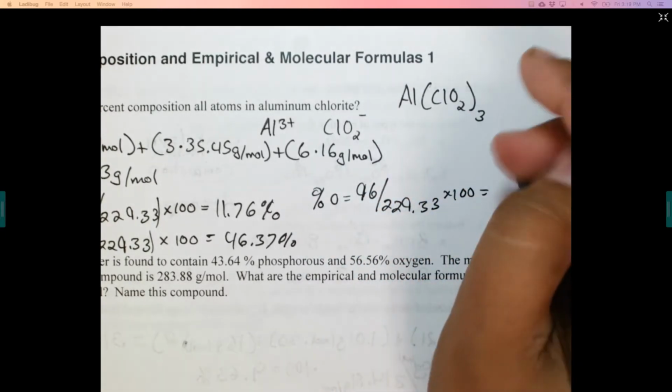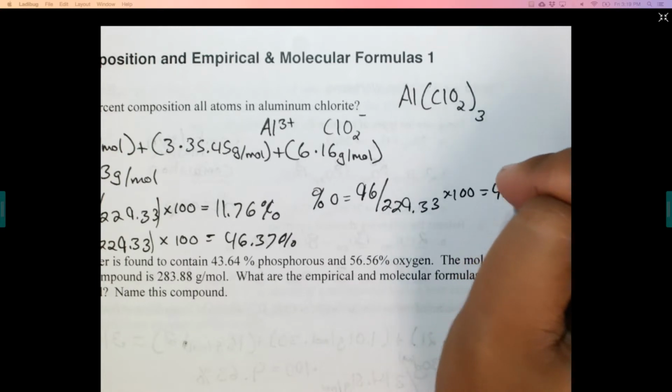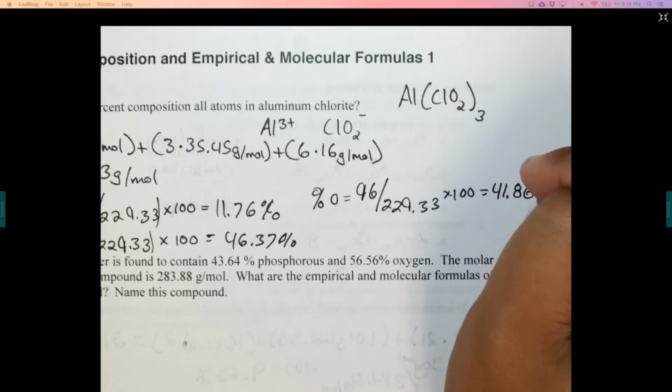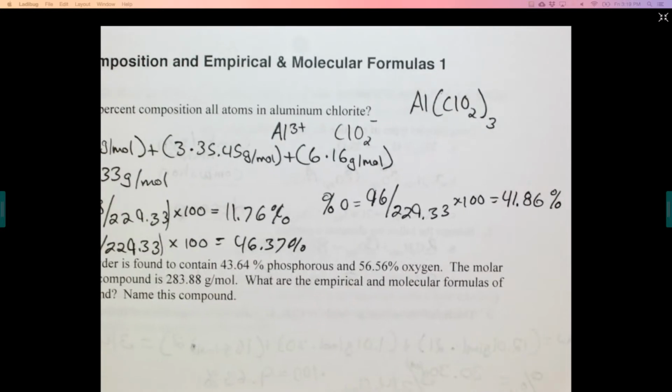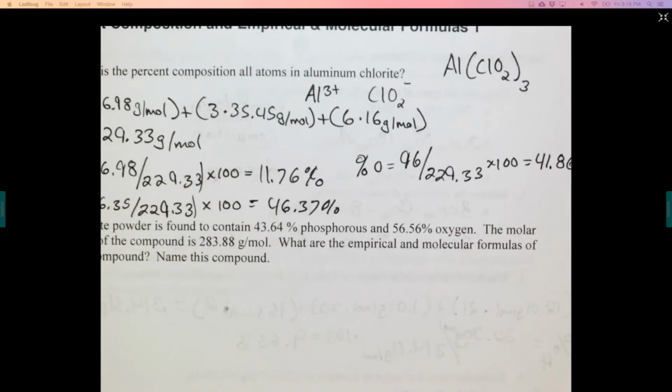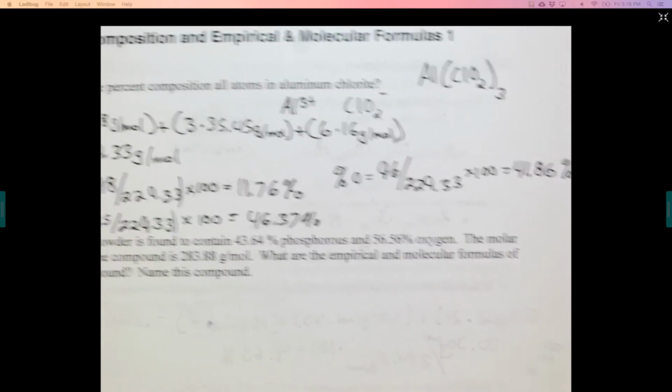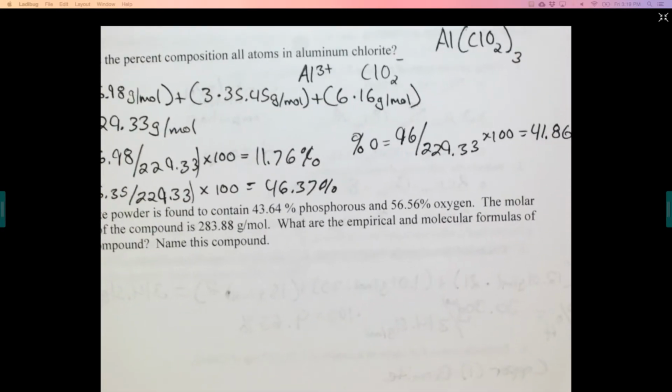And that is equal to 41.86%. And that would be how to solve just a basic percent composition question for a compound.